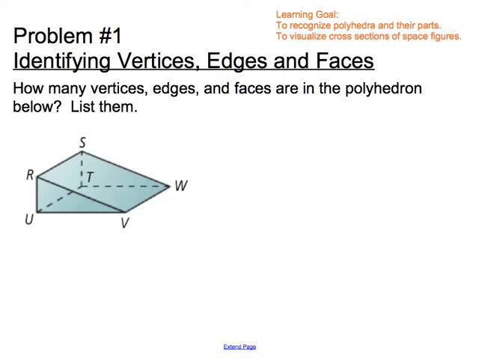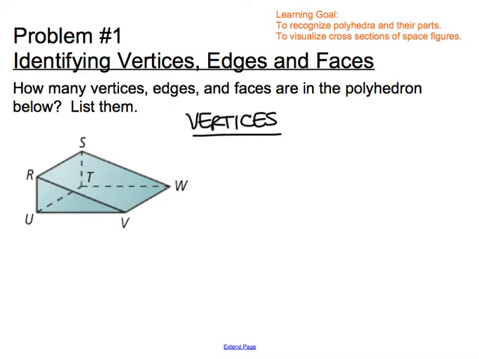So our first question is an identification question. It asks us how many vertices, edges, and faces are in the polyhedron below, and asks us to list them. So let's start with the vertices. When I list the vertices of a polyhedron, I just write down all of the points that make the polyhedron.